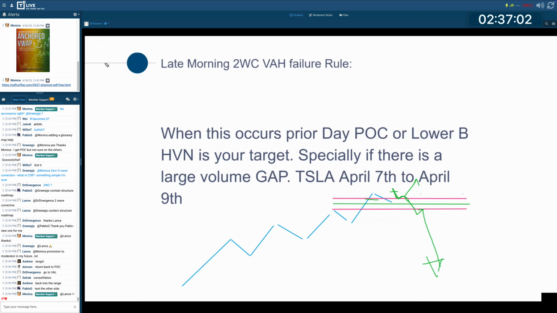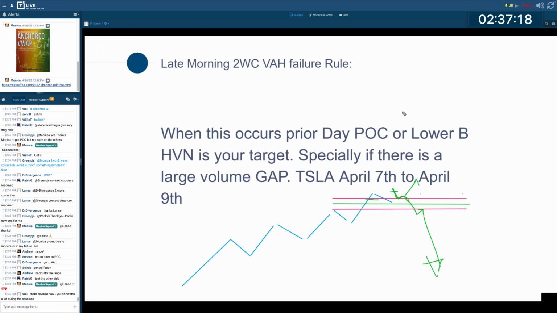So the late morning two-wave corrected value area high failure is a bear of a short, because what happens is you're either gapping up or breaking out on maybe like a day 5, day 6. You need to watch how overbought the market is.